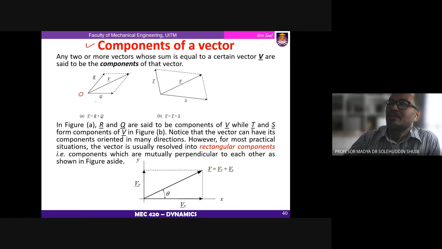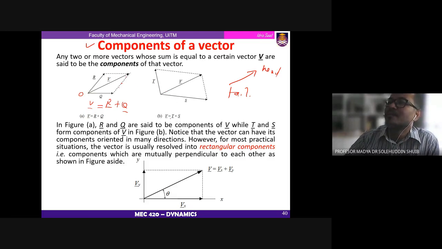So V equals vector R plus Q, which is Q plus R, this dotted line, or R plus Q. You see this is tail, this is head. So this is tail head, so Q plus R, or R plus Q. This is what we call component.